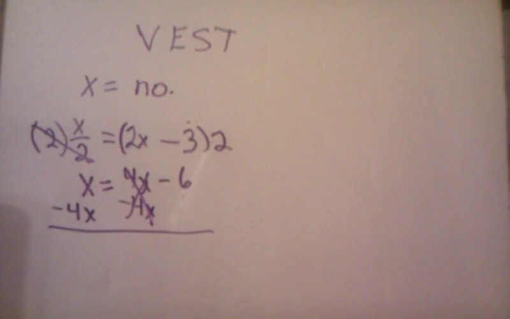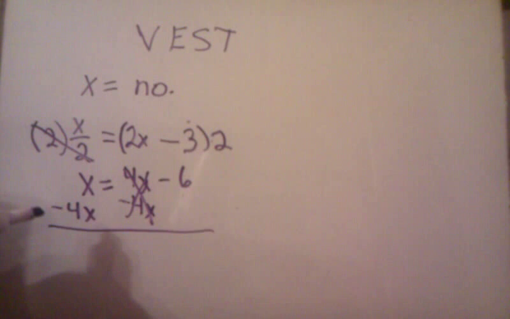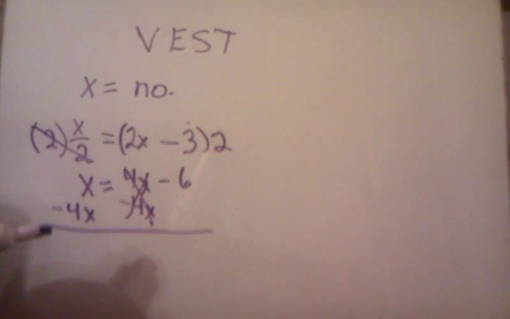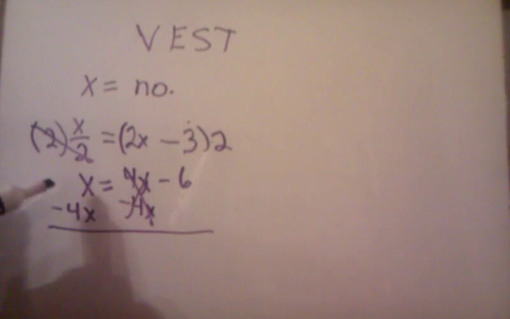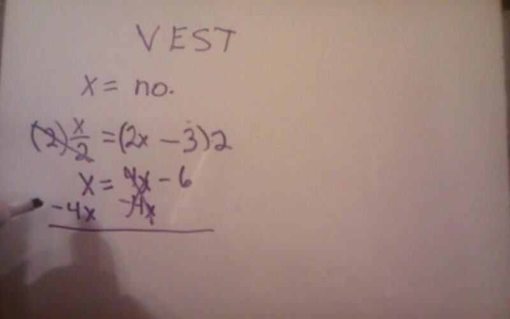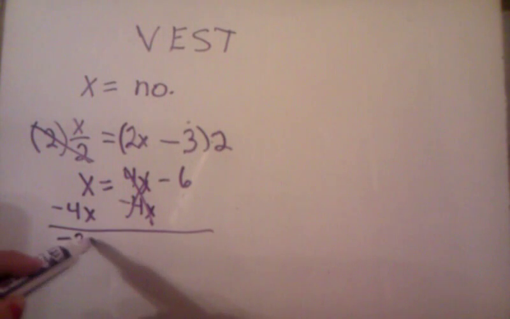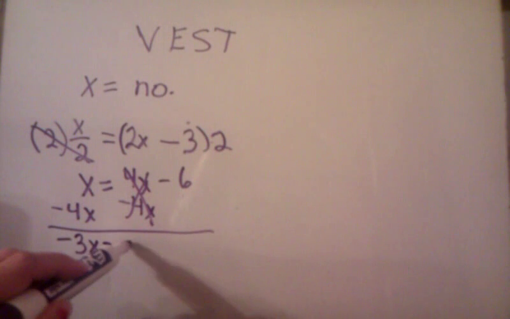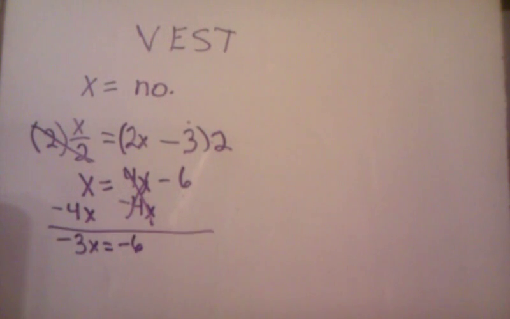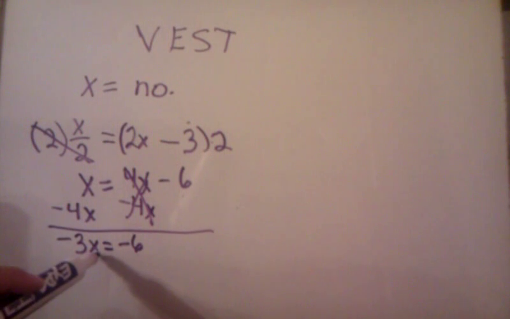If I add integers and my signs are different, I subtract and use the sign of the larger number. Which number is larger, 1 or 4? Well, 4, so my sign is negative. 4 minus 1 is 3. So negative 3x equals negative 6. Order of operations means I have to multiply or divide next.